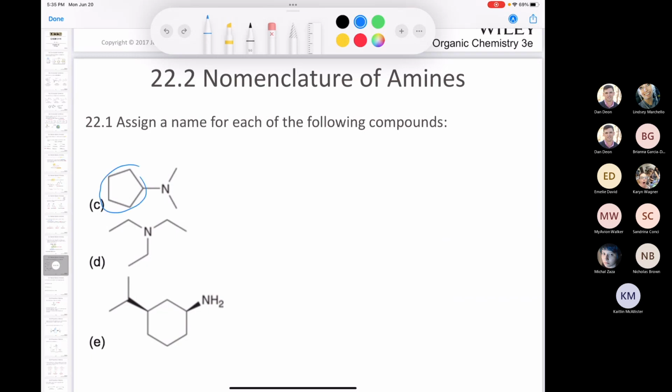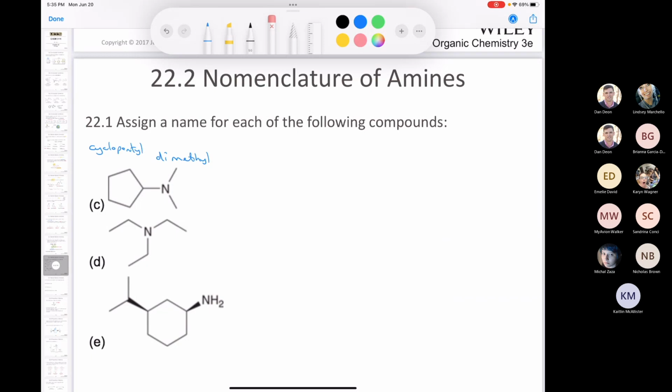We have a cyclopentyl group here. So we have cyclopentyl. Then we have a methyl, and we have a methyl. So we have dimethyl and cyclopentyl. So we'll just put here dimethyl. This is going to be a cyclopentyl dimethylamine.